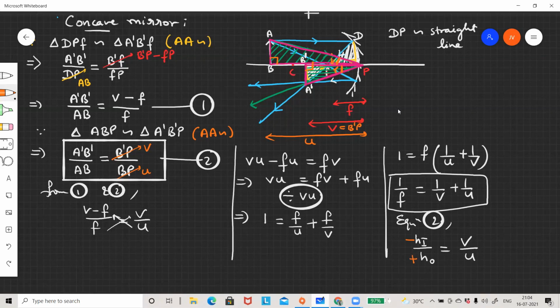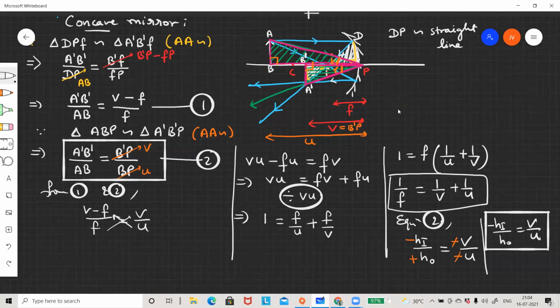V is the image distance, to the left of the mirror, so it should be minus. U is the object distance, left of the mirror, so it is minus. Then you can see that these minuses cancel, and at the end of all the sign convention, we will have minus HI by HO, which is V by U. So this is mirror magnification.